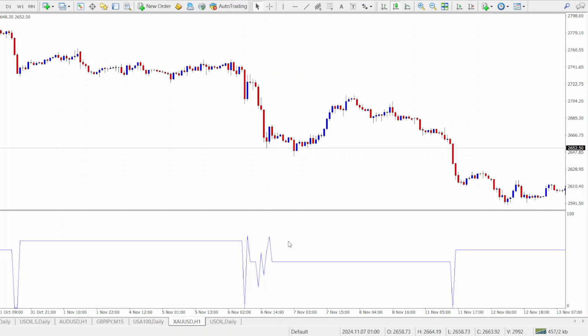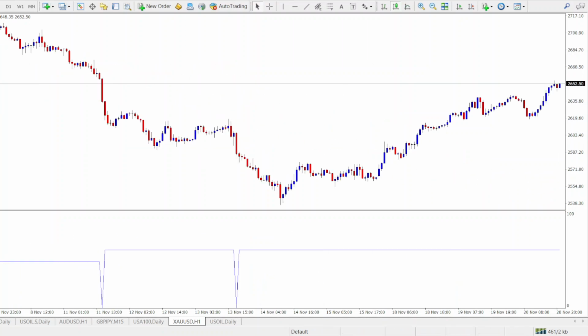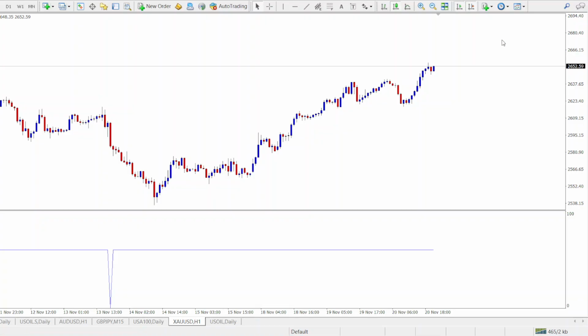First of all, let us understand how the indicator works. Let's go to recent price movements.